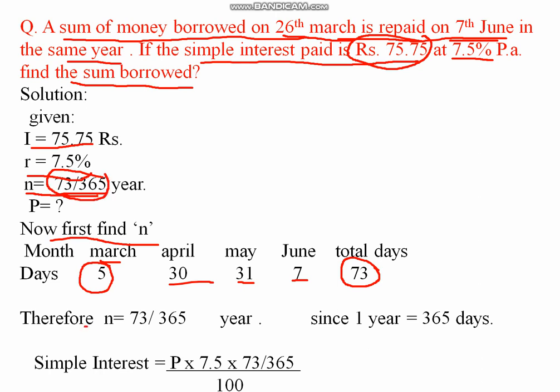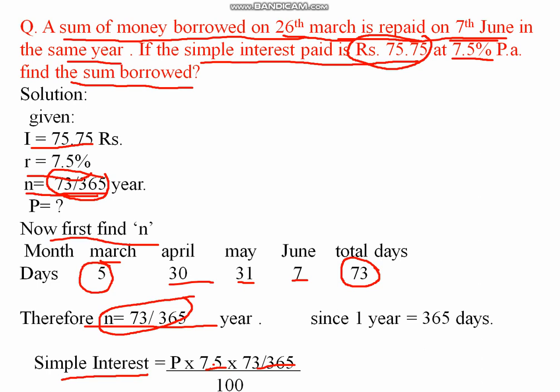Now use the formula: simple interest is equal to P into R into N upon 100. Simple interest is known, the value is 75.75. Here we have to find the value of P. Rate of interest is given 7.5%, and N is equal to 73 upon 365. So write down here 73 upon 365 divided by 100.